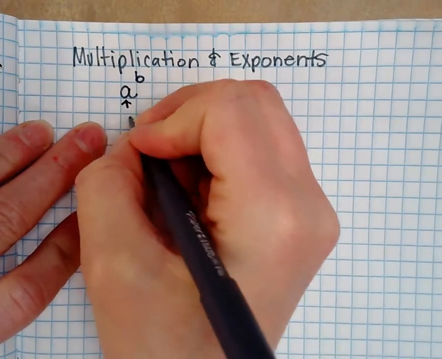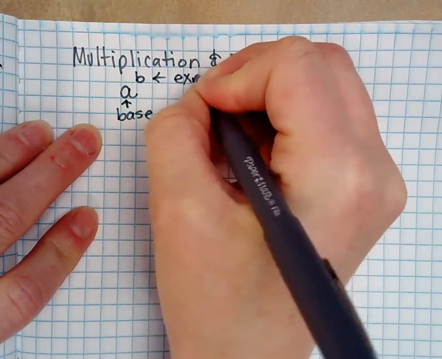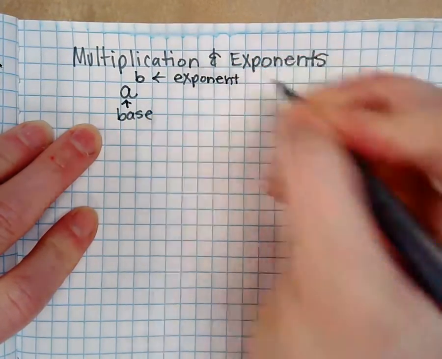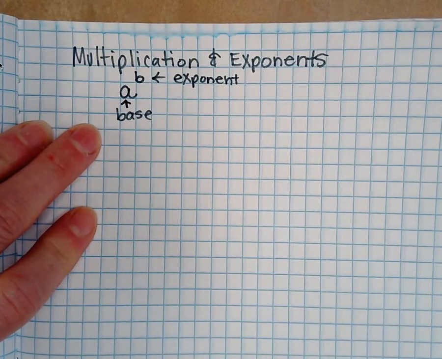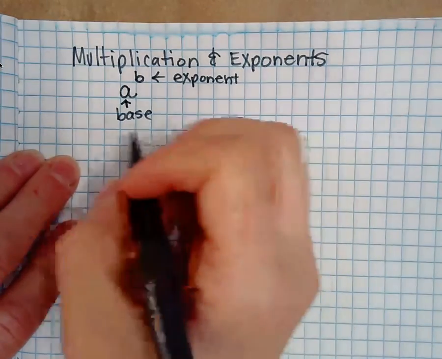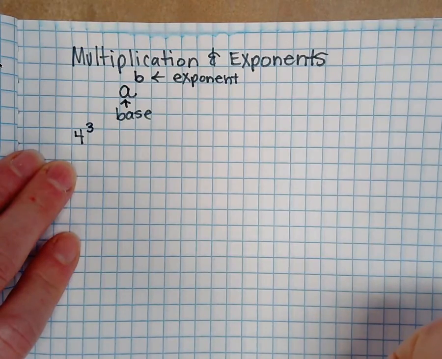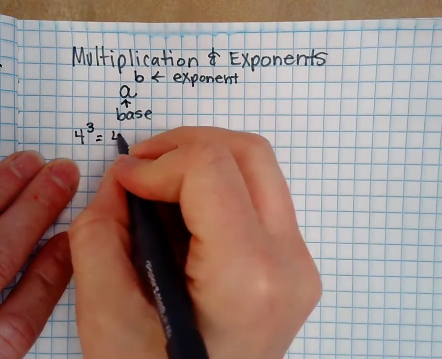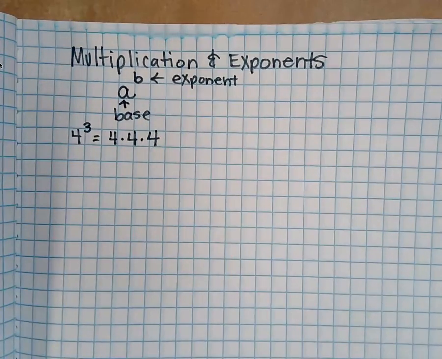A is called the base. B is called the exponent. What the exponent tells us is how many times A is being multiplied times itself. So if I say 4 to the 3rd power, that means 4 times 4 times 4. You expand it out. So that's the expanded form.